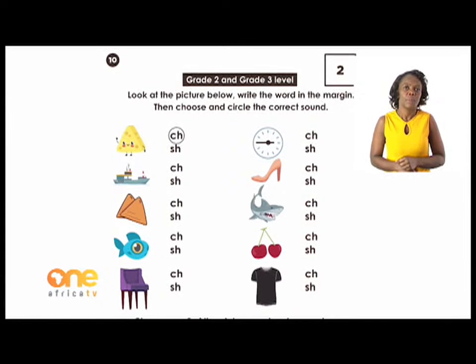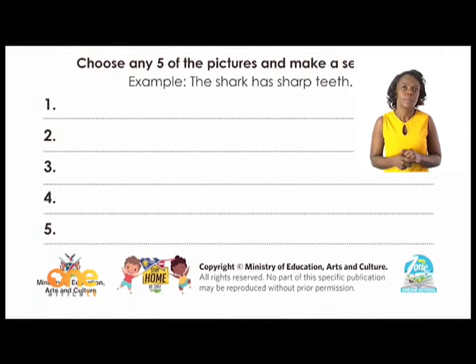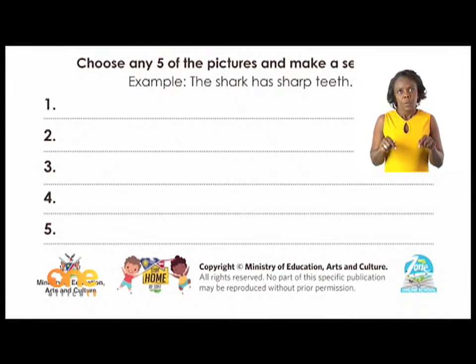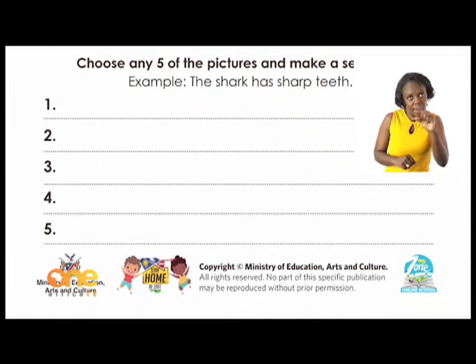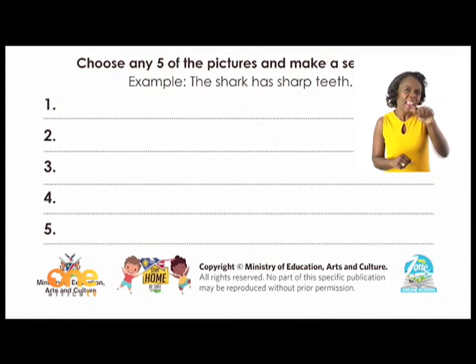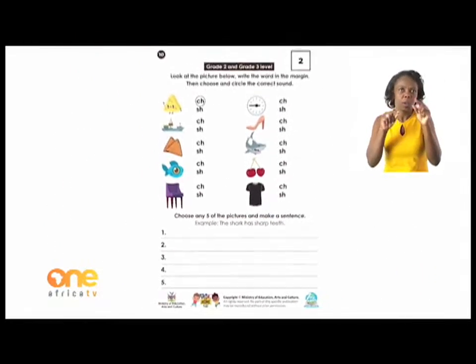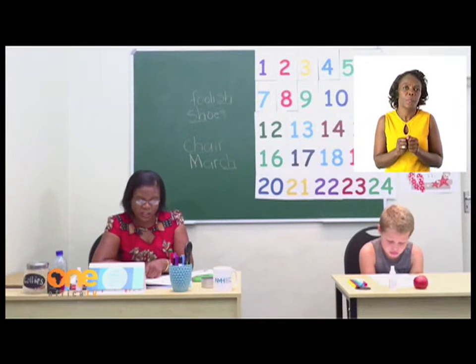Let's go down to the next exercise, just below. All right. Now you have to choose any 5 of the pictures. The given pictures on top there, you just choose 5 of them and you come up with your own sentence. You make your own sentence with any of the words on the pictures. Choose 5. For example, the shark has sharp teeth.